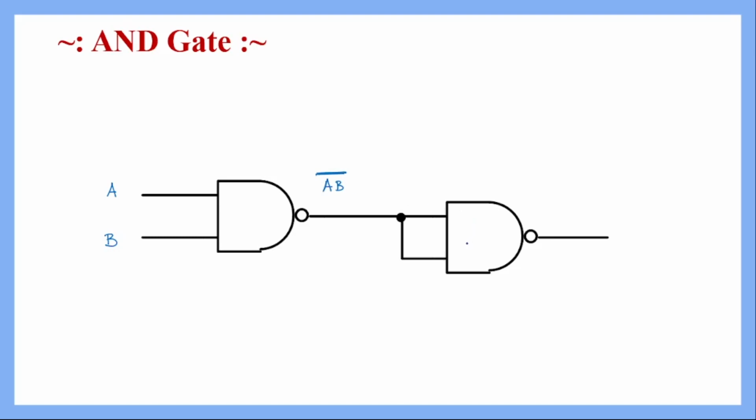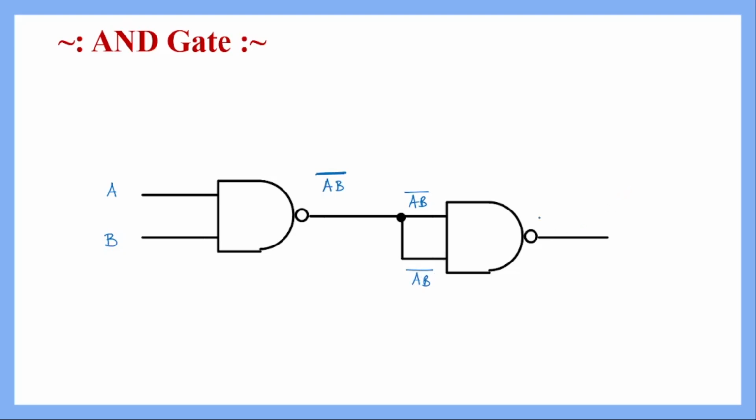In the second stage, both the inputs are shorted. That means at both the input side we will be applying AB bar. So the first input will be AB complement and the second input will be AB complement.